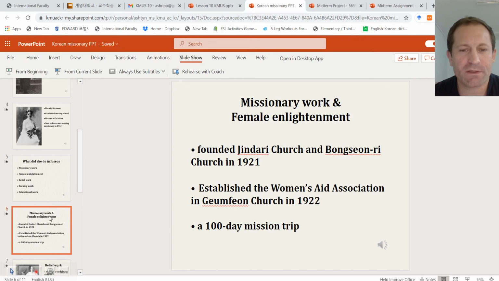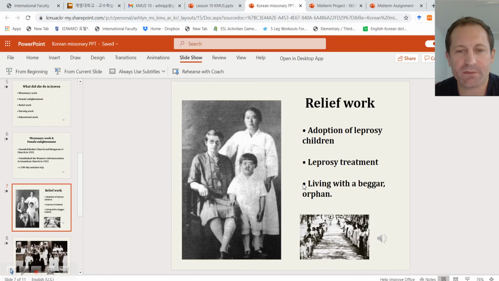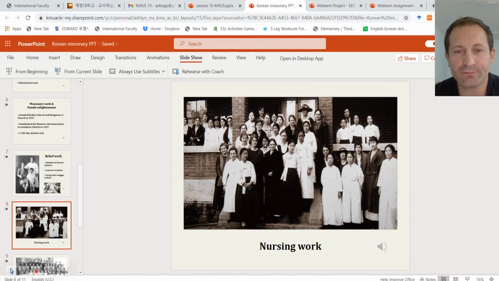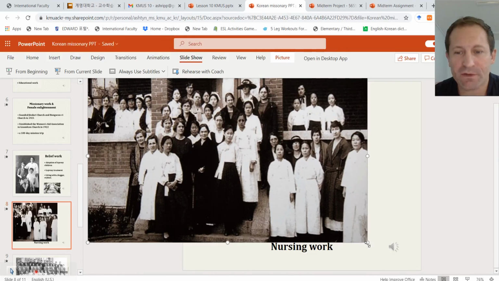So yeah, she did a lot of great things, and she founded a church, amazingly, right? And was working with lepers, and even adopted a child, and was helping out. So really great. I love these old pictures, right? These are so interesting to look at.